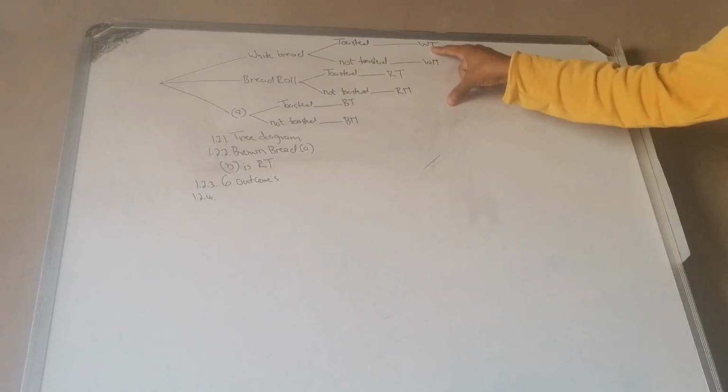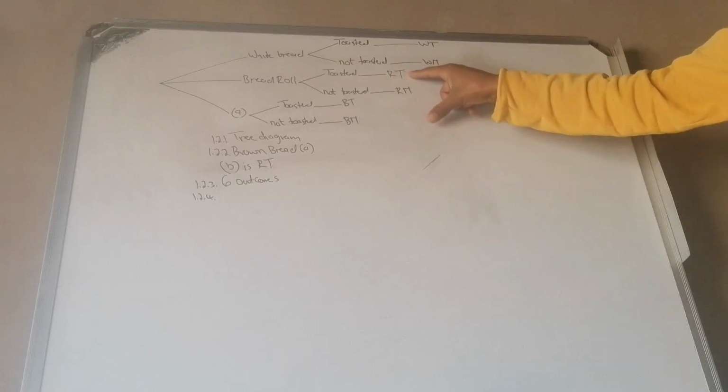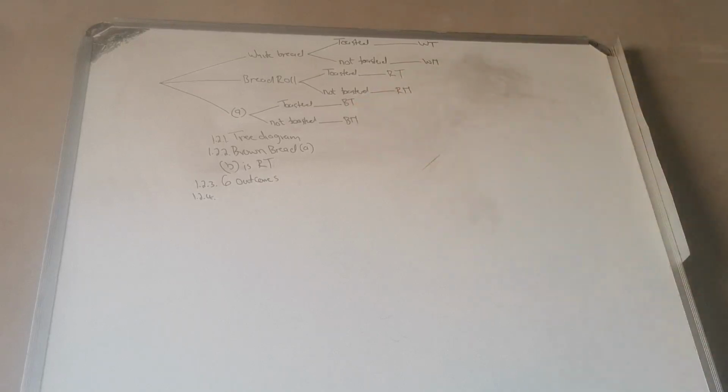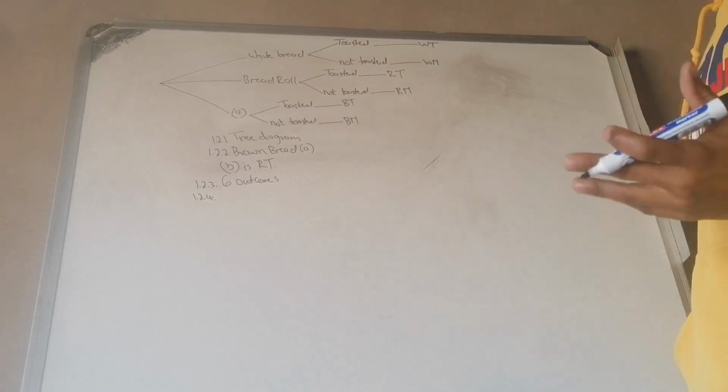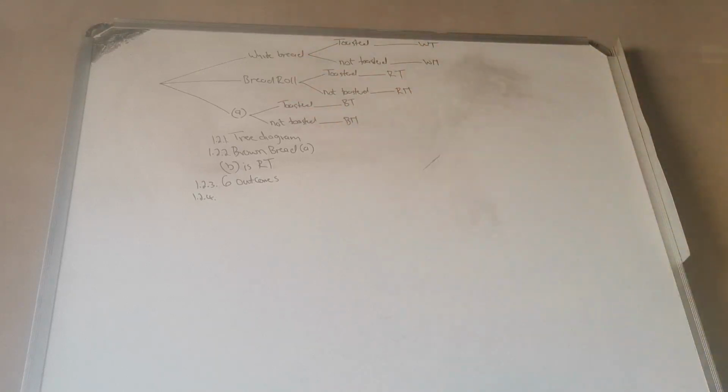Are we fine? Yeah. Bread roll that is toasted. Okay. Do we have any other? Brown bread, brown toasted. Yeah. Do we have 3 outcomes more? Write down the total, calculate the number of toasted bread outcomes.